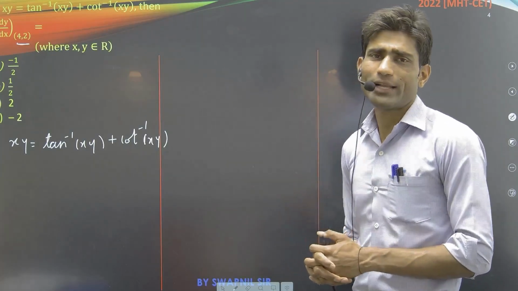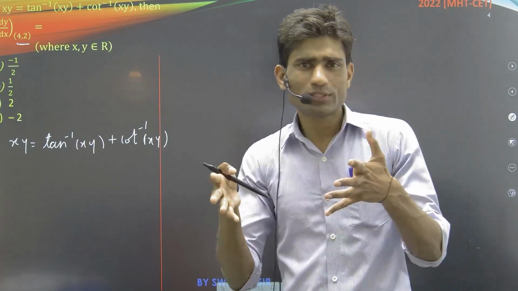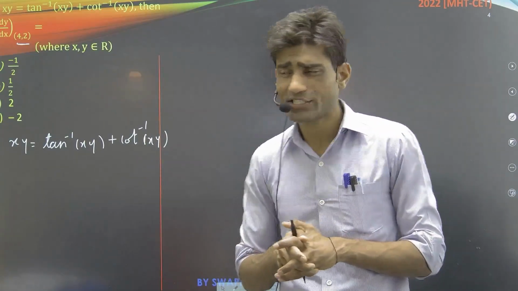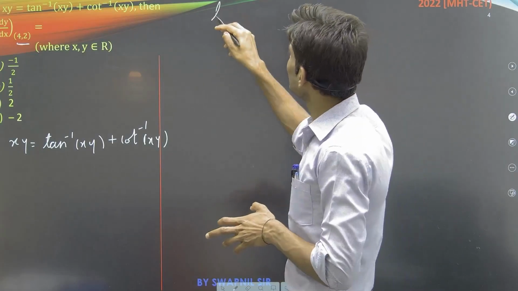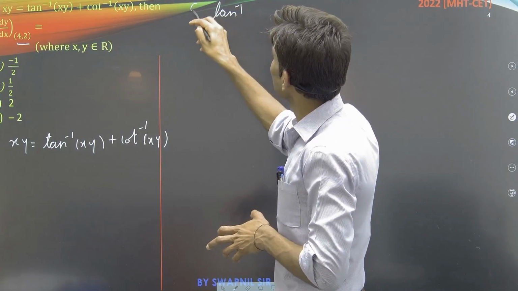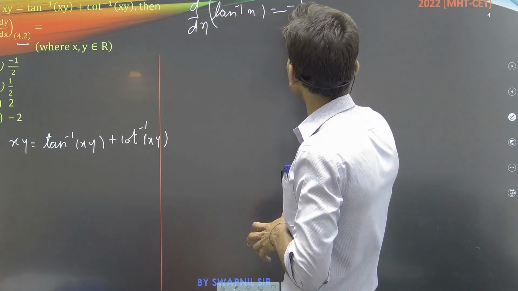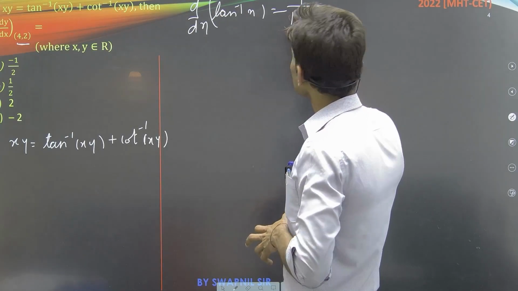As we know, tan inverse of x and cot inverse of x have some standard formulas for finding their differentiation. Like we know that d by dx of tan inverse of x can be written as 1 upon 1 plus x square.